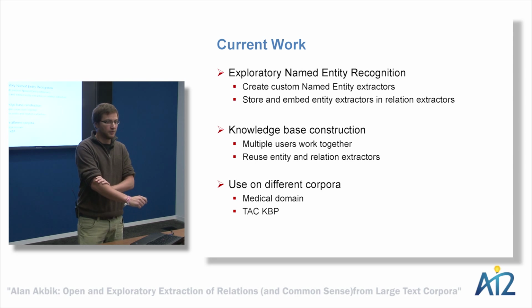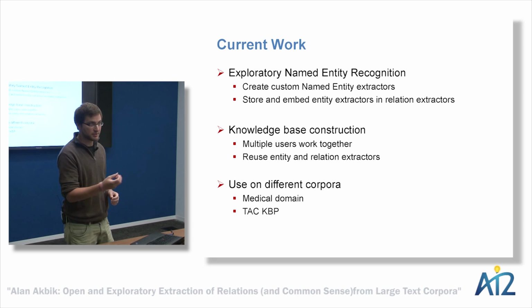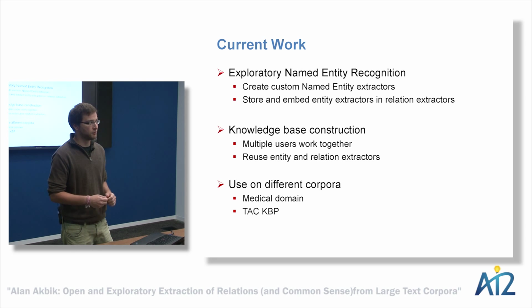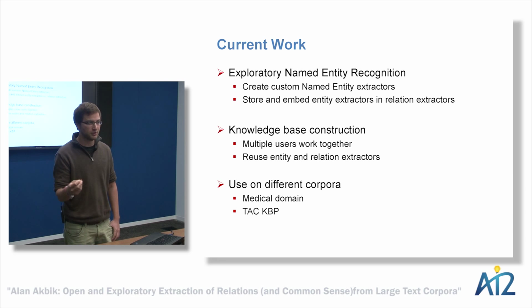And so basically, we are experimenting with ways of embedding extractors in other extractors, so basically higher order extractors. We're trying to expand this into a toolkit that you can use for knowledge-based creation and even for collaborative knowledge-based creation, right? So you might have a topic and you might have a few people and they work together on creating the entity extractors, the relation extractors for this specific knowledge base that they want.